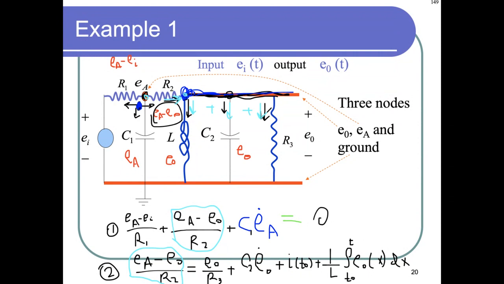This is equal to the current through the inductor plus the current through the capacitor plus the current through R3. We will start from R3. The current here is simply the voltage E naught over R3 plus the current through the capacitor C2. It is C2 E naught prime.